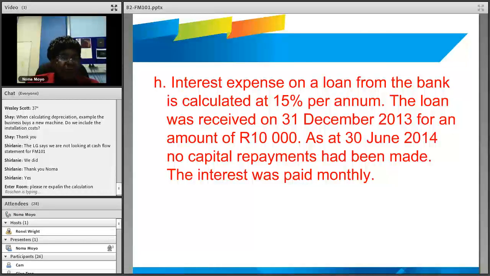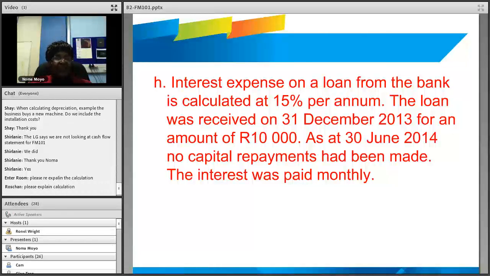Let me re-explain, guys. Roshan, the loan is 10,000. Write it down, 10,000. If it had been there from the beginning of the year to the end of the year, for 12 months, we would have said the interest is 15% on 10,000. It was going to be 1,500. But in this case, it's not 1,500 because this loan has only been there for half a year.